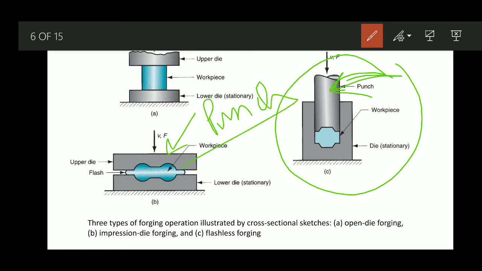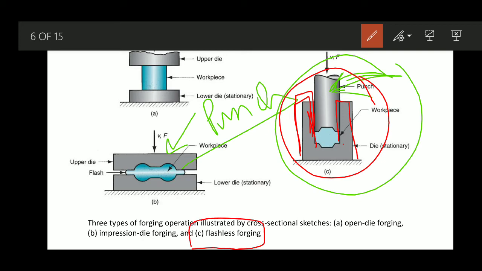Okay, so the punch and the die both will have the required final shape. And you can see during the course of this setting, lateral movement is prevented. So basically there will not be any generation of flash.